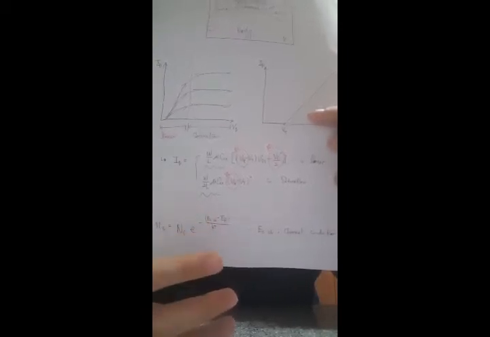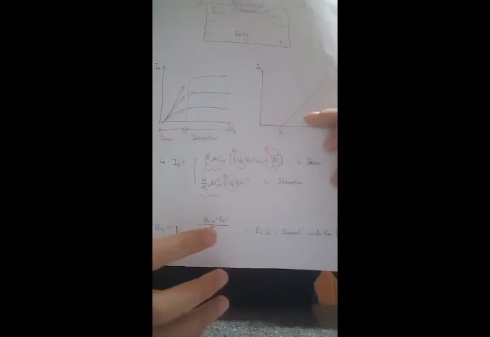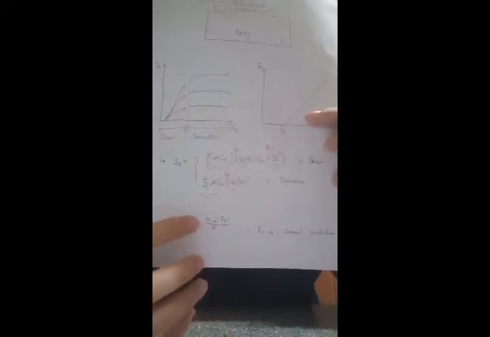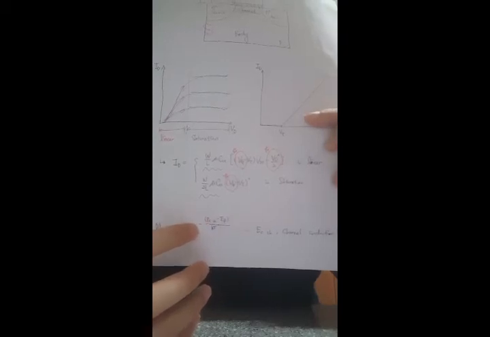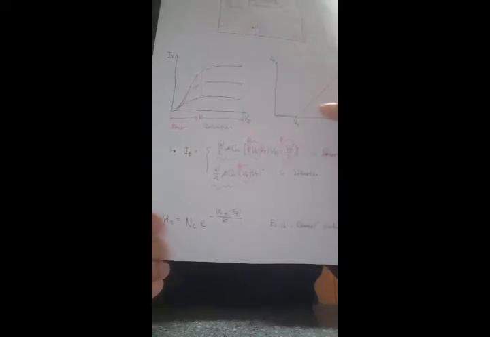If the gate bias gets bigger than before, the gap between the conduction band and Fermi level will be smaller than before. But the polarity of this component is negative, so the total electron concentration will be bigger than before.